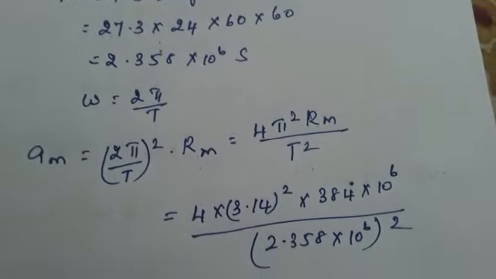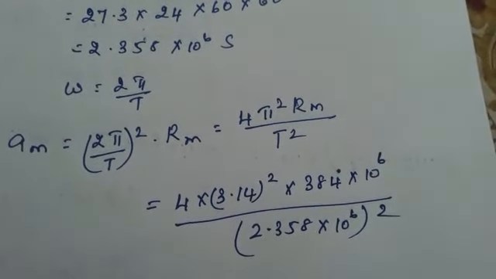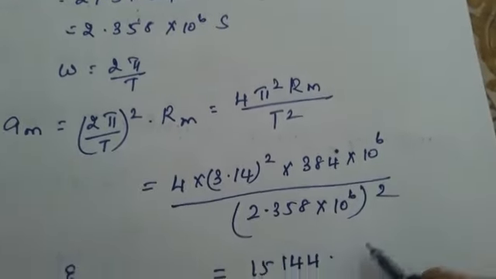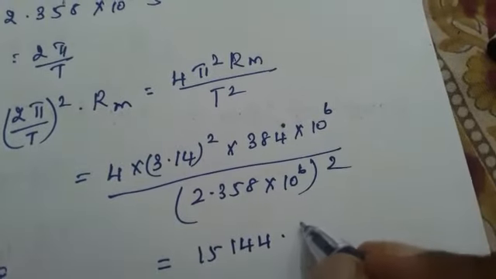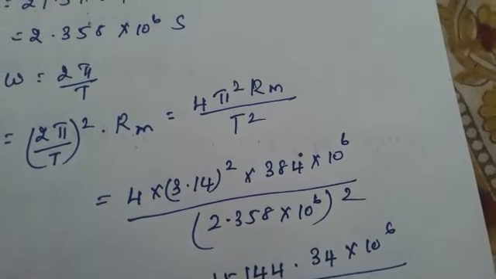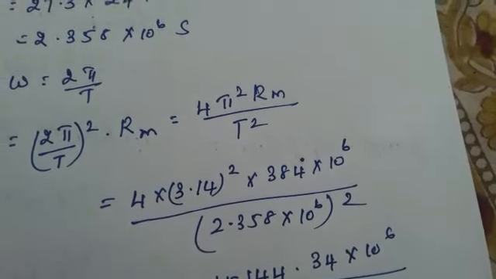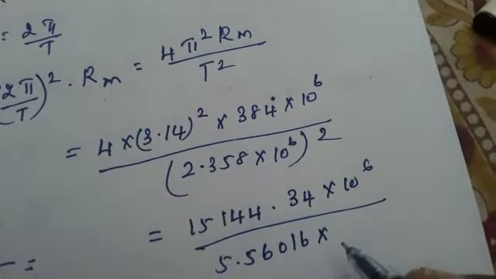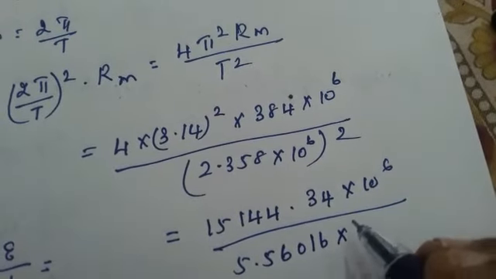Okay. Now this can be written as 15144.34 into 10 raised to 6 divided by 5.56016 into 10 raised to 12.